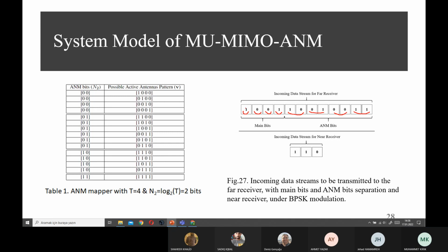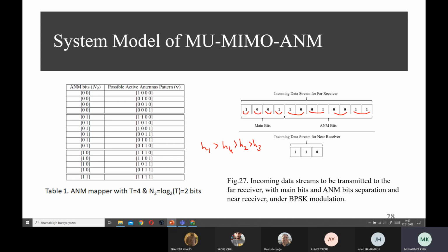So if we look at it, we want to transmit this one by using 1 0. So 1 0 means activation of 3 antennas. So there are 4 different possibilities to transmit this one by using 3 antennas. And let's just assume we defined our channel capabilities as H1 and H4 and H2 and H3.